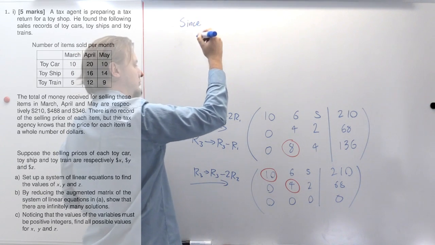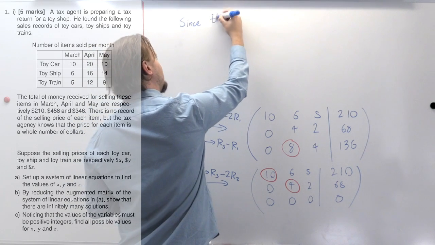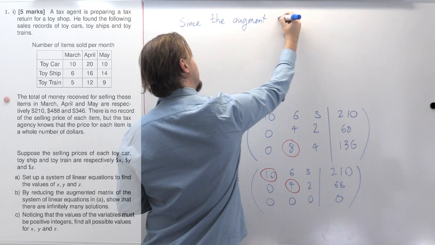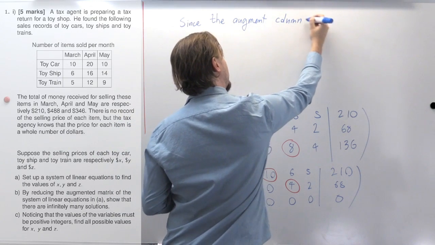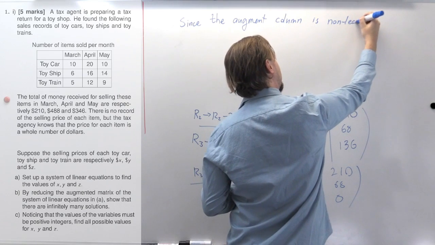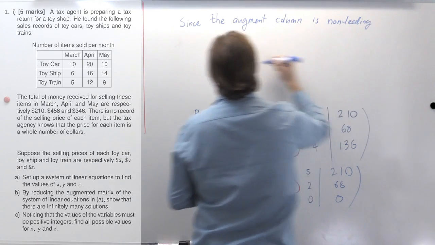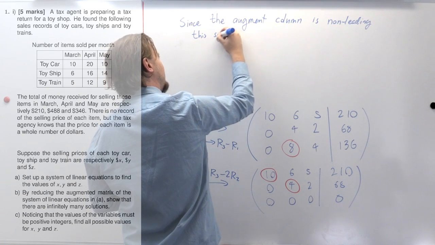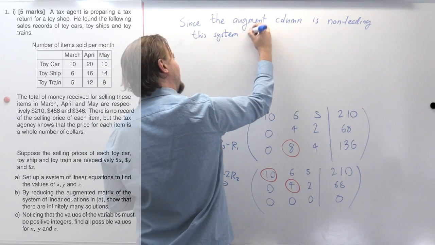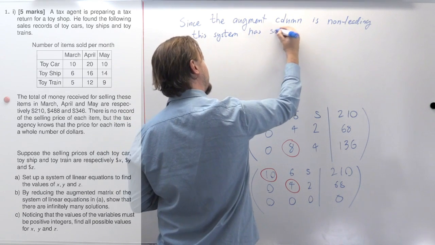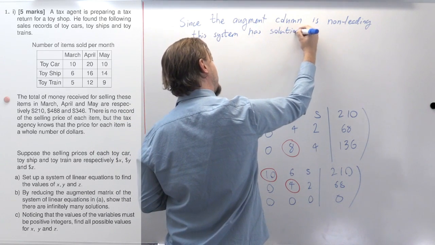So since the augmented column is non-leading, this system, well, it has solutions. I'm not saying how many at the moment.